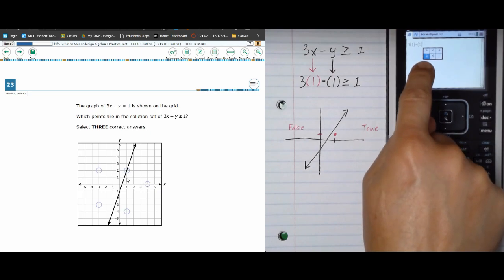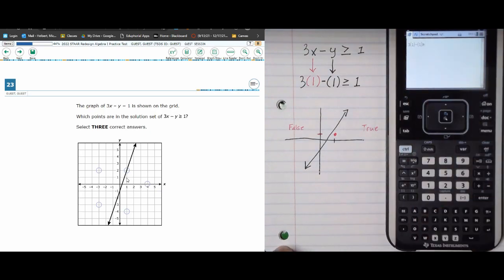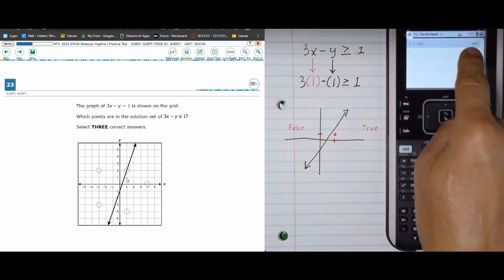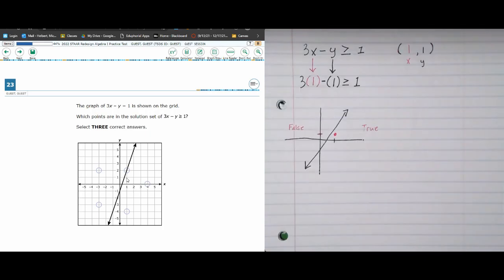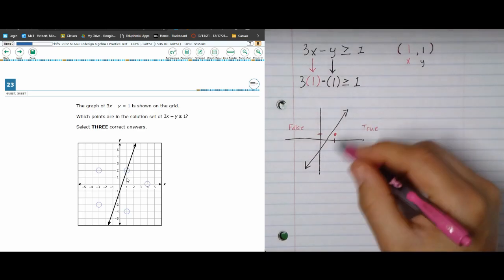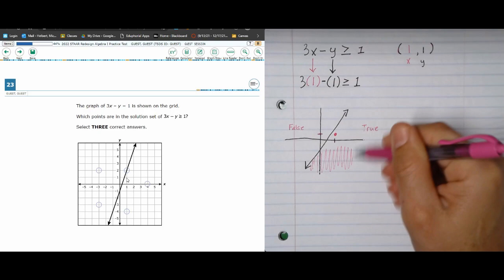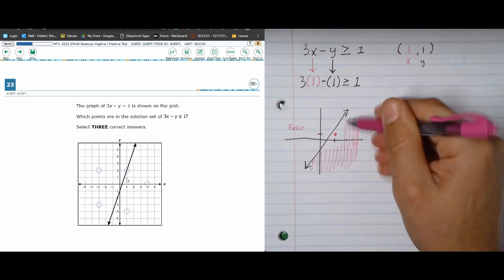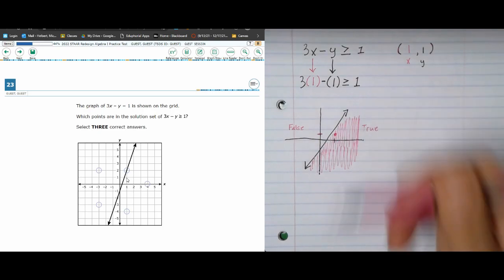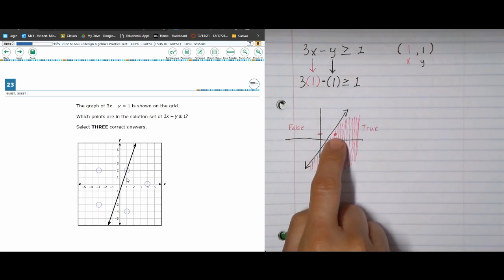So I'm going to go to greater than or equal to, and then I'm going to put a 1 and hit enter, and notice it says it is true. So what that tells me is that everything on this side of my graph must be shaded. So that means 1, 1 is part of the solution.